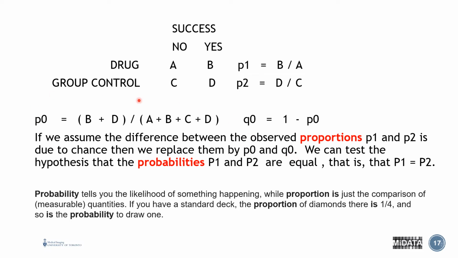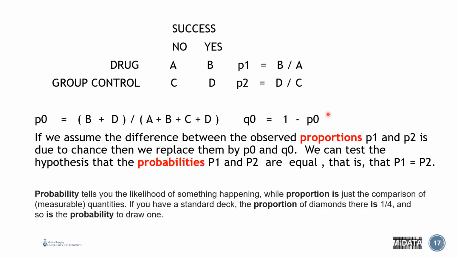These proportions are calculated based on the margins. So P naught is the total of yes divided by the total number of subjects in the study, and Q naught is simply 1 minus P naught.